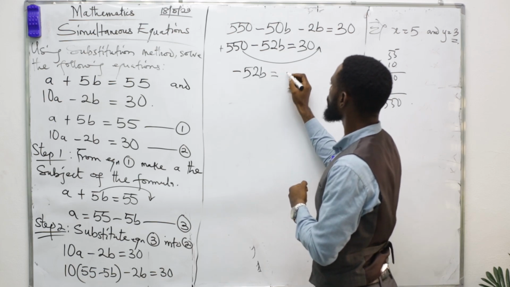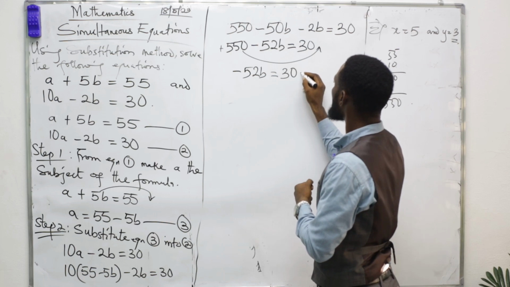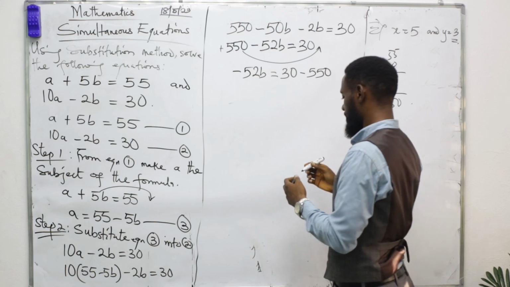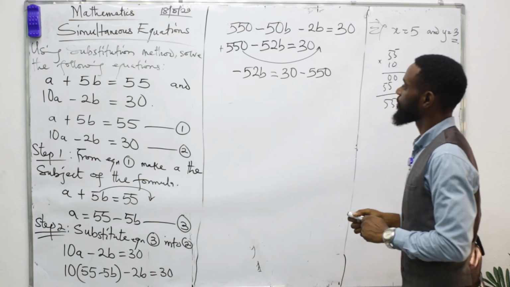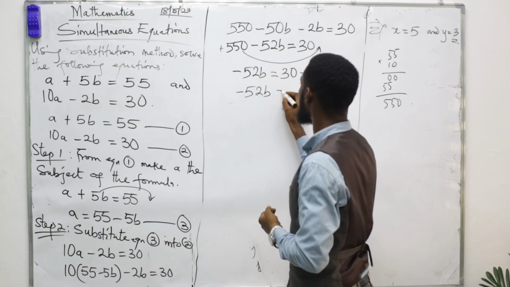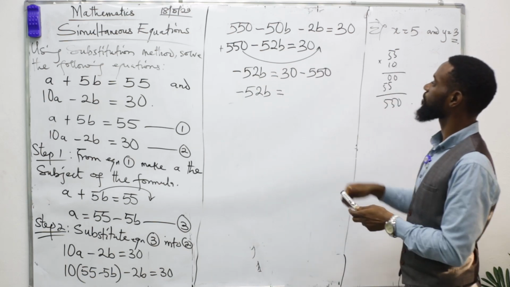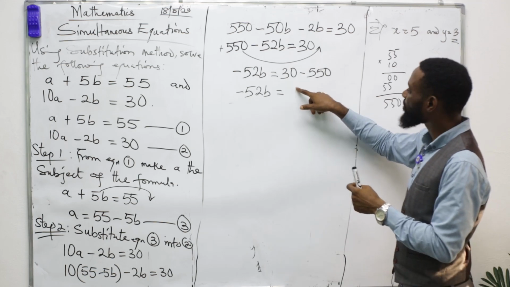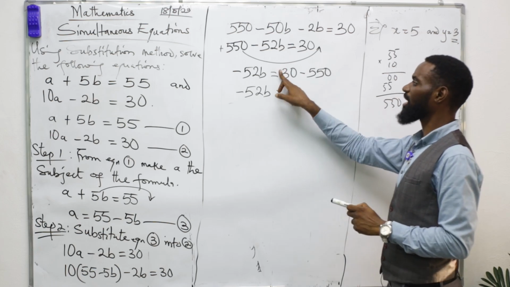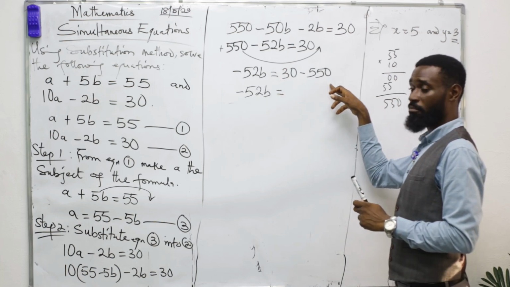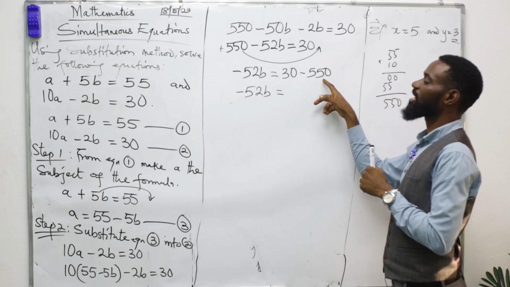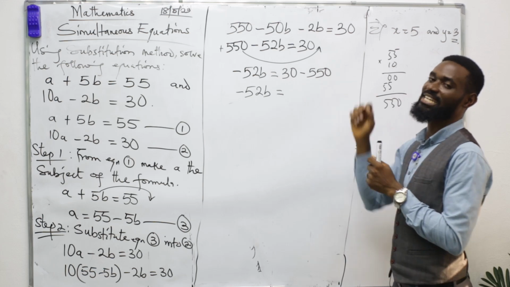So we have minus 52b is equal to 30 minus 550, which will give us minus 520. I've told you, when you have a smaller number subtracting a bigger number, just by imagination, see that bigger number subtracting this, the answer takes a negative sign.